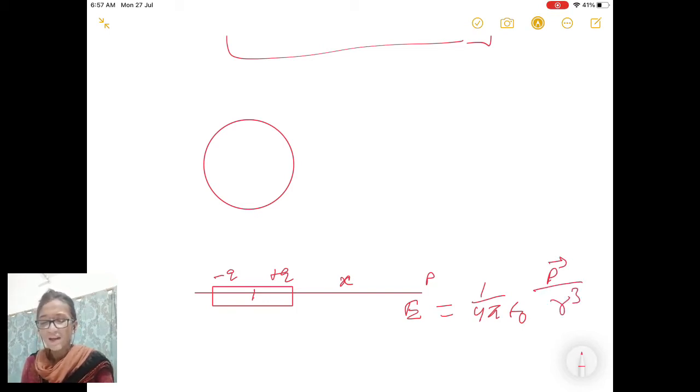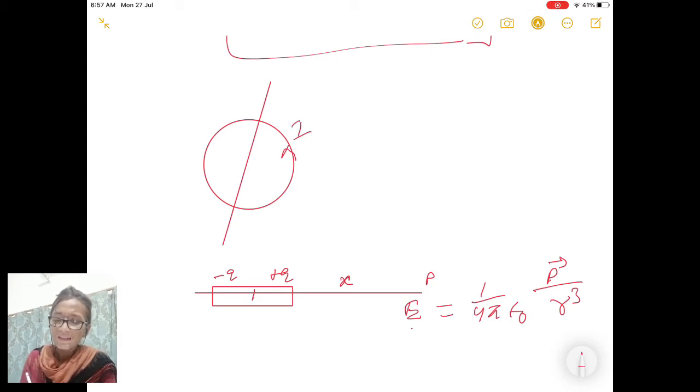When you make an analogy with this field, and the magnetic field along a diameter due to a current carrying circular loop, you can find the magnetic field B at any point on this diametrical axis at a distance x from the origin.